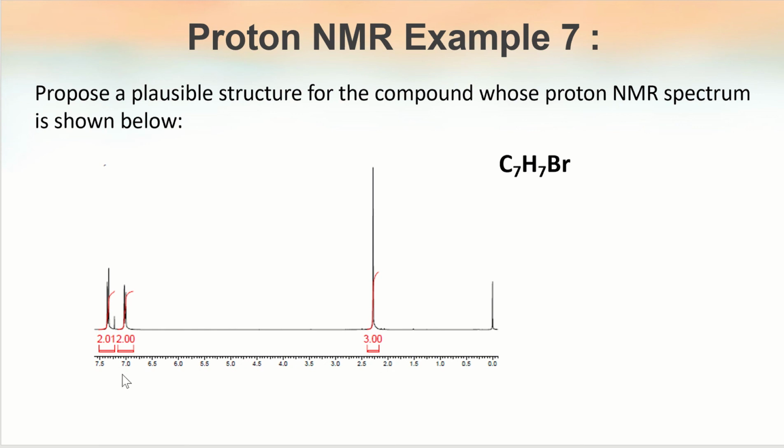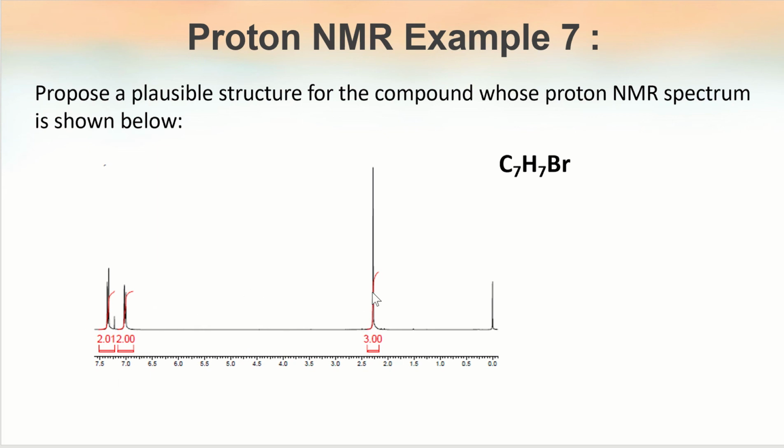All right, so one thing that we see here, and this should be familiar to something we have seen before, which would be two doublets, right? So you might want to go back and look at which compound we saw two doublets in the aromatic region, and how was that molecule arranged, right?